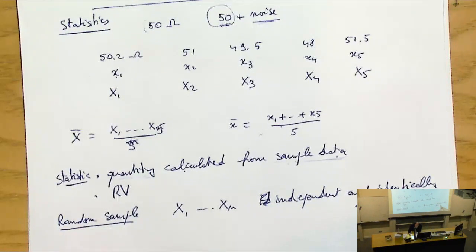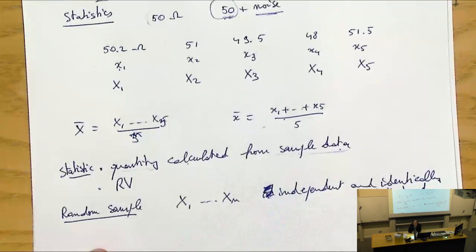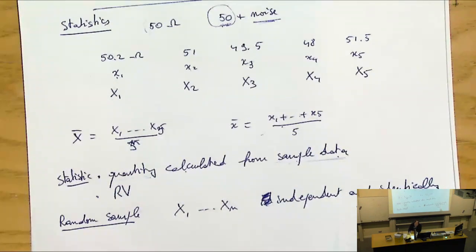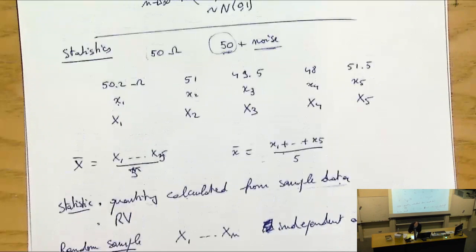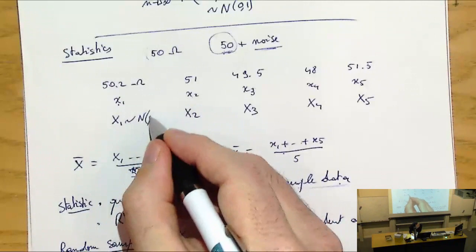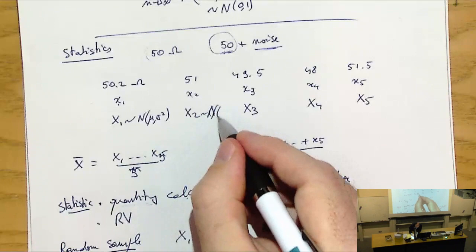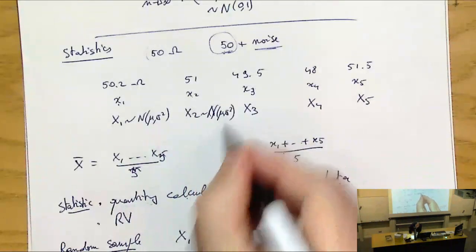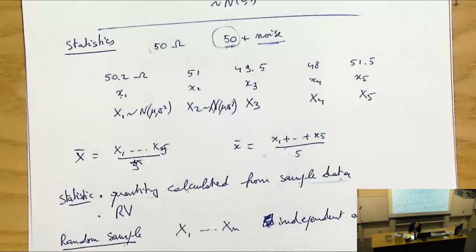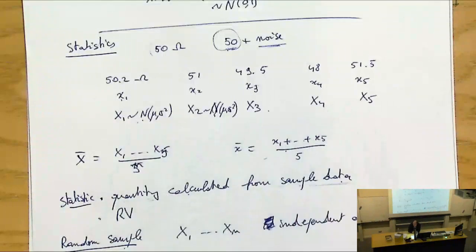So they all have the same distribution, fx of x, but they're all independent. For instance, they may all be normally distributed, or all exponentially distributed, whatever. If it's some form of Gaussian noise, maybe each of them is normally distributed with a certain mean and a certain variance, but the same distribution. If it's a random sample, they all have the same distribution, but they're also all independent from each other.